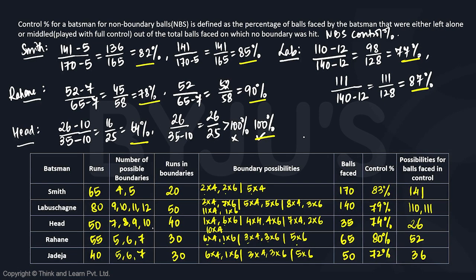The last person being Jadeja. So let's find out for Jadeja what is the range we get. So the total balls he has faced is 50. Out of those 50, 36 were in control. Out of those 36, if 7 boundaries came from those 36, so we will have 36 minus 7 upon 50 minus 7. So these were not in control.